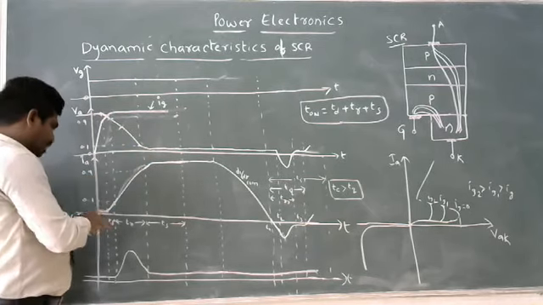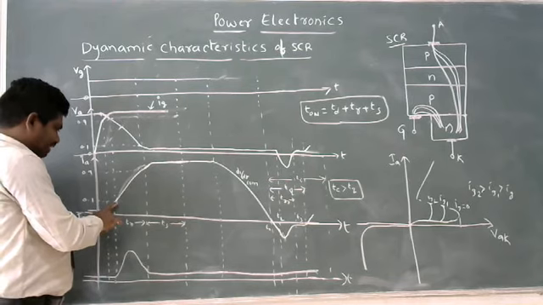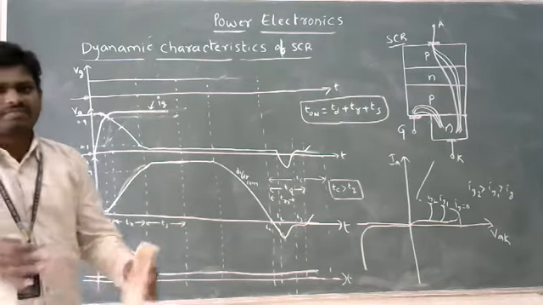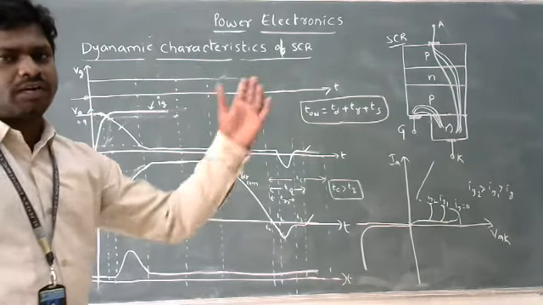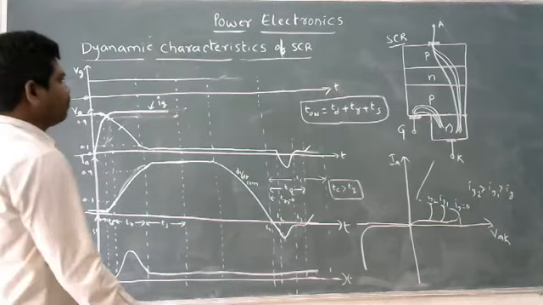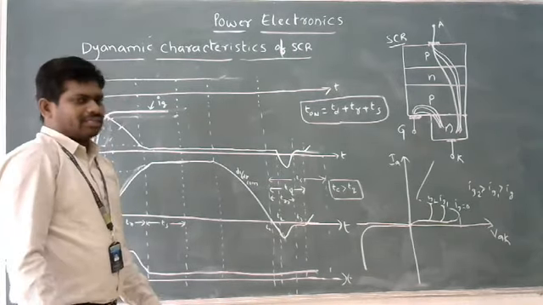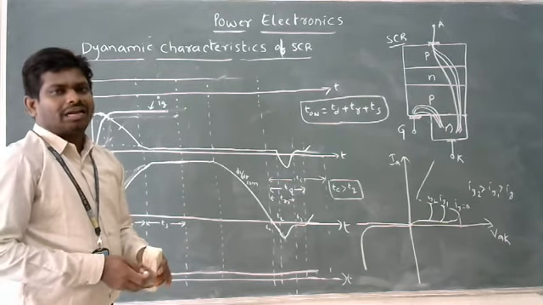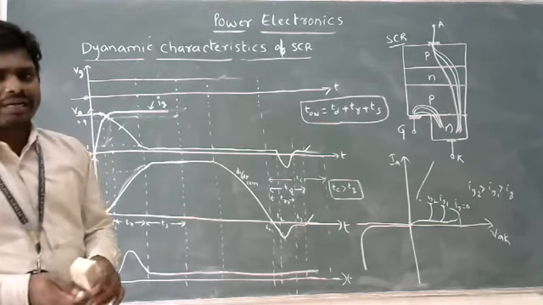During that period, our anode current is increasing from 10% to 90%. Vice versa: if the voltage falls, our current increases. If the voltage is maximum across the device, it indicates that our device is in the forward blocking condition.